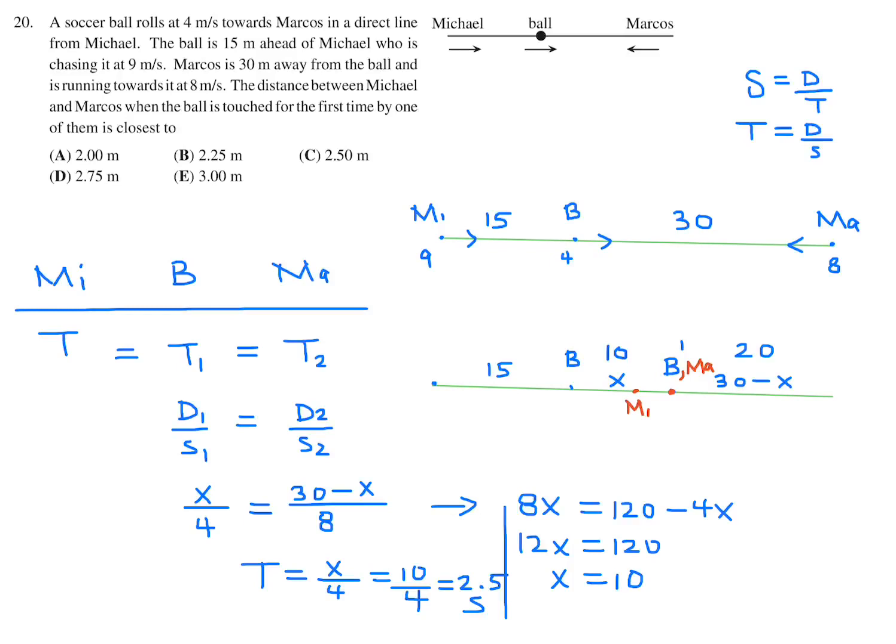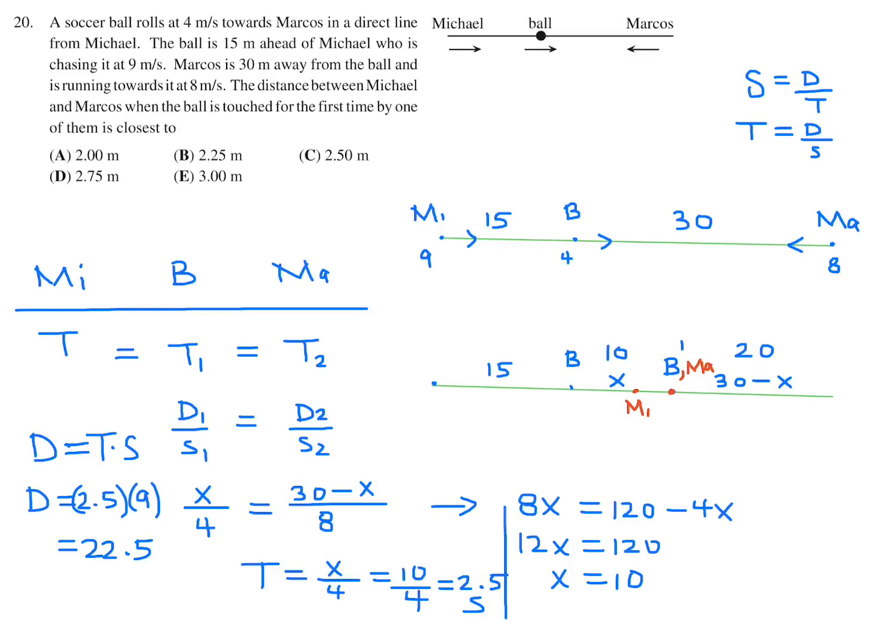Distance is equal to, right here, time times speed, correct? So the distance is going to be the time, which is 2.5 seconds, times Michael's speed, which is 9 meters per second, and that is 22.5.